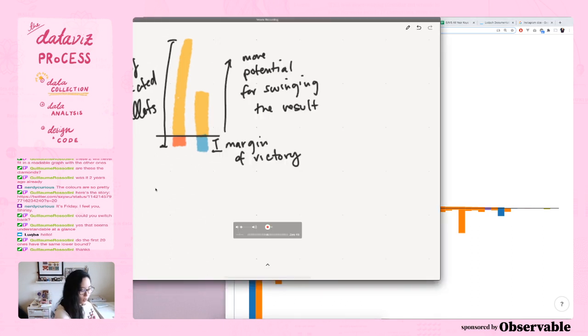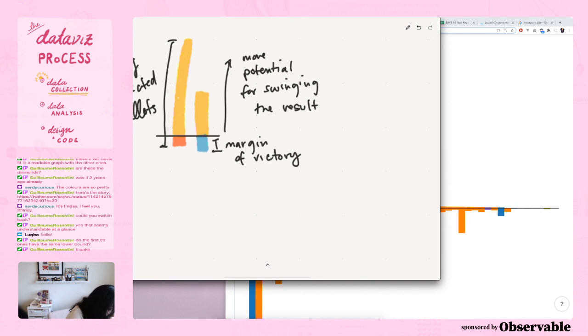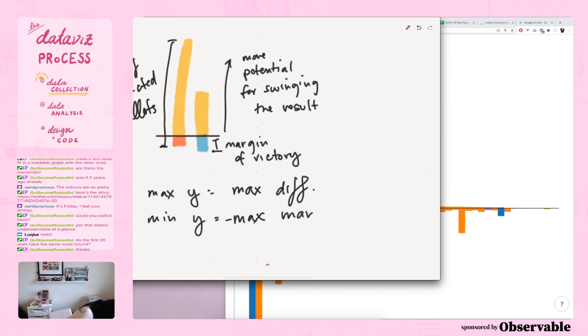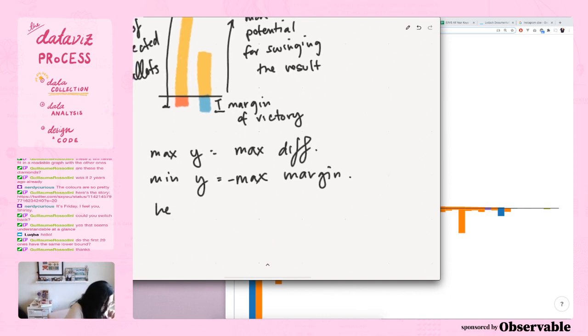Essentially what I need is the max y is equal to the max difference, and then the minimum y is equal to the negative maximum margin of victory, and then the height is this one minus this one.